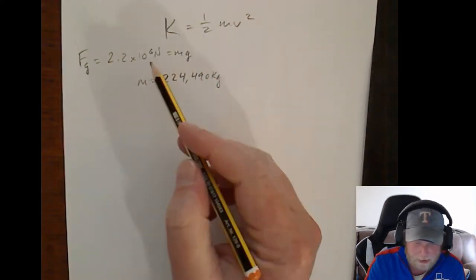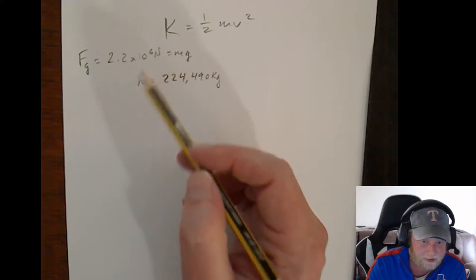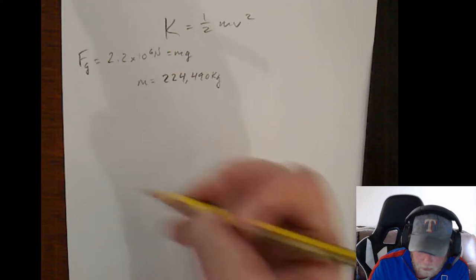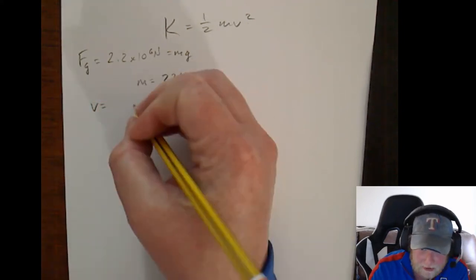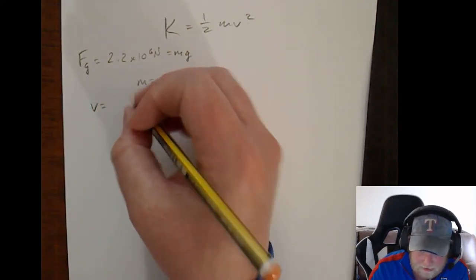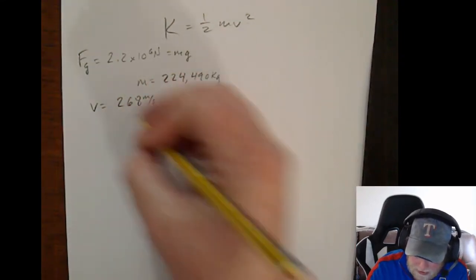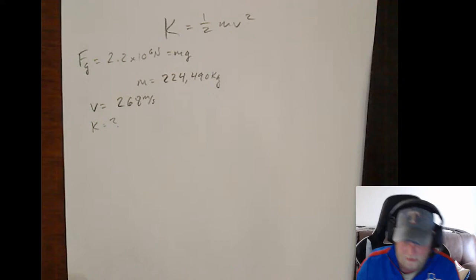So again, that's where most people would have messed up this problem, not realizing that they gave you weight and not mass. We know that it's cruising at a speed of 268 meters per second, and we want to know kinetic energy.